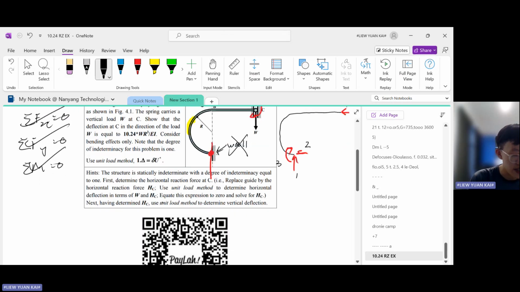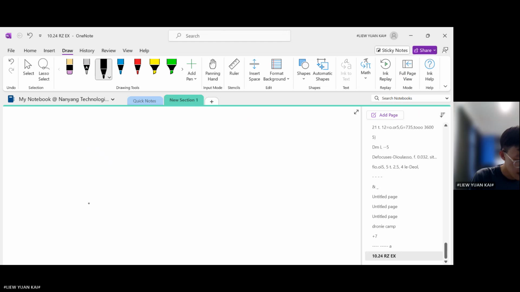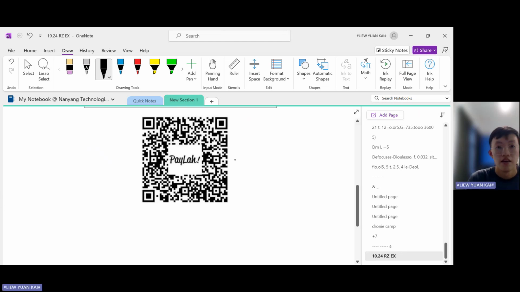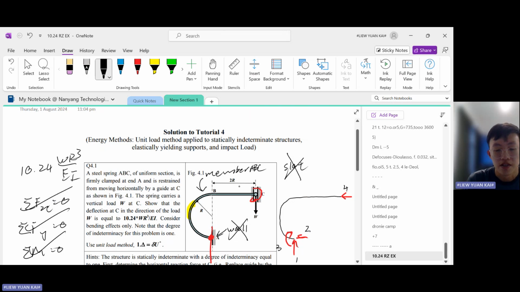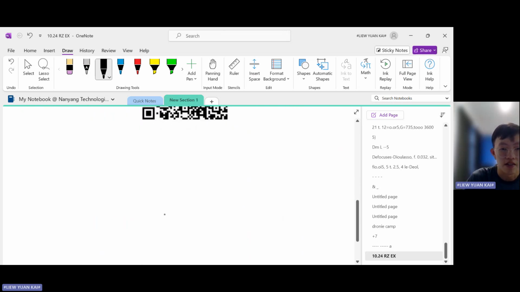Like I said, I'm just going to lay out my steps first, then I will explain what I'm doing. First things first, we need to draw a free body diagram. So I'm going to draw the free body diagram like this. Here's the spring, here's the wall.